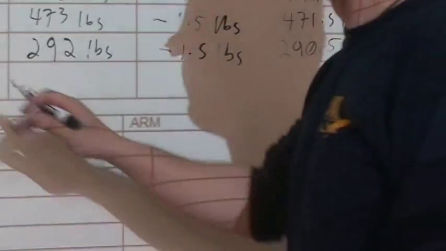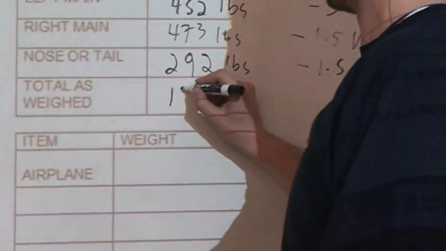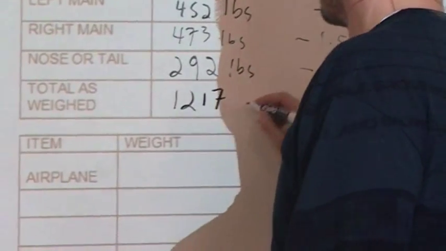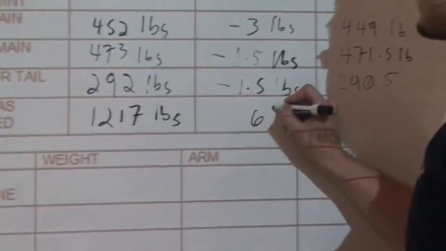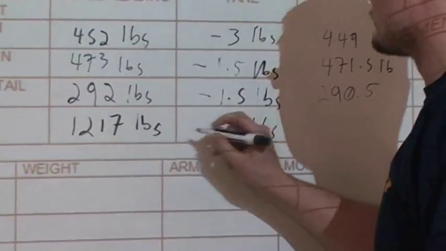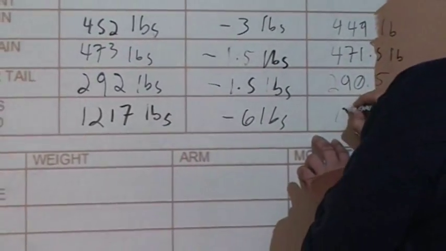Now our total as-weighed weight is 1217 pounds. Our total tare came out to 6 pounds, which we're subtracting from the total, and we get 1211.